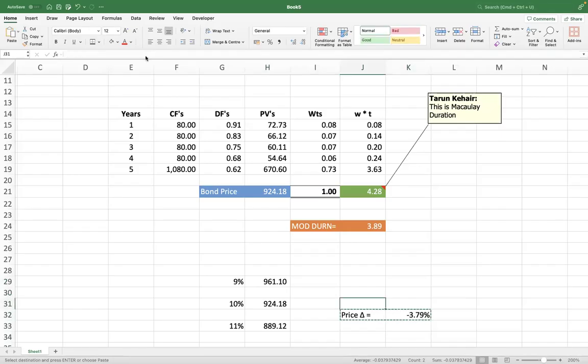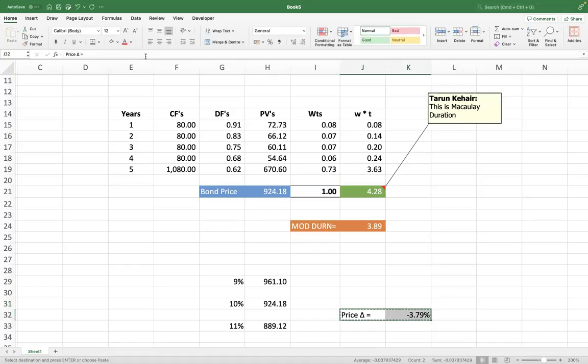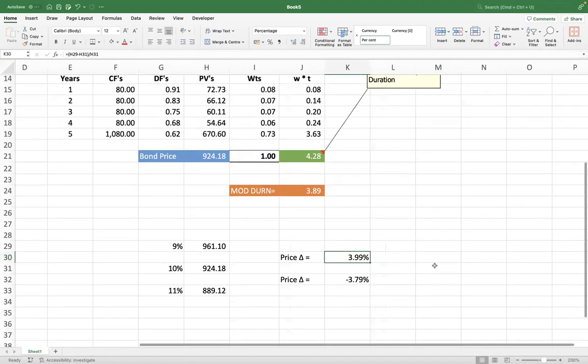What will the price delta be? In this case, if you want to find out the price delta, it will be new price minus old price P naught, divided by old price. It comes to 3.99%, is it? Now do one thing.